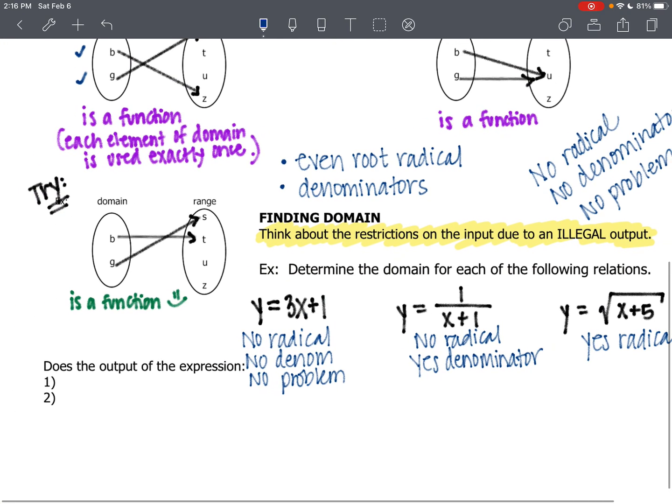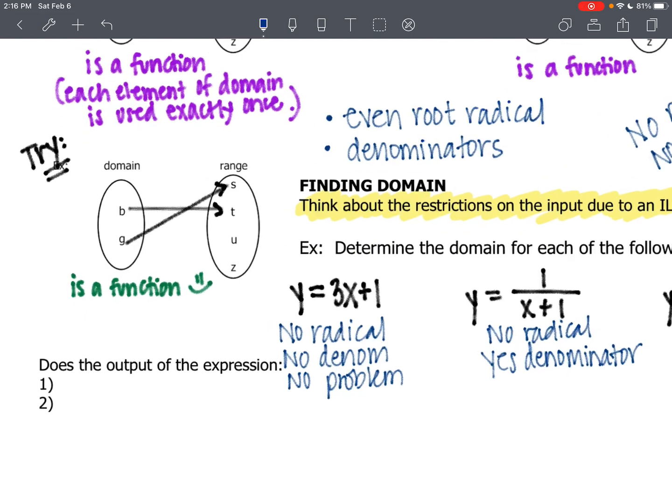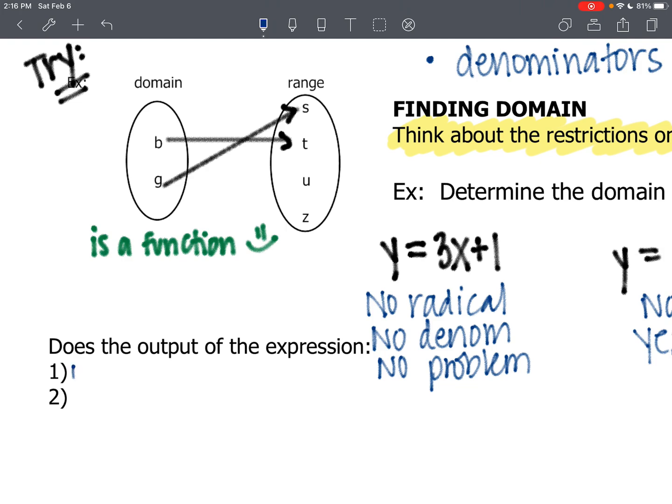So does the output of the expression have a, what do you think we're going to write there? This is where, when you're taking notes, you might want to be a step ahead of me and say, well, do I know what to fill in here? Does the expression put a 0 in the denominator? That would be a problem.